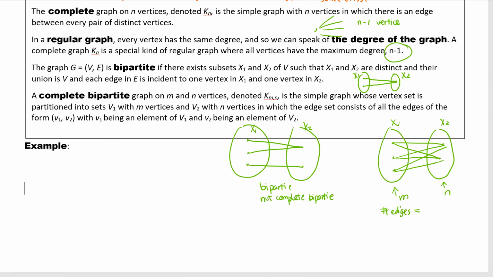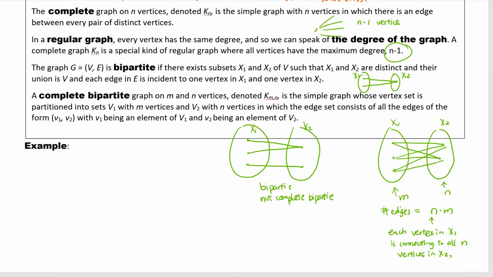For each vertex in the set X1 there are n edges connecting it, since each vertex in X1 is connected to all n vertices in X2.